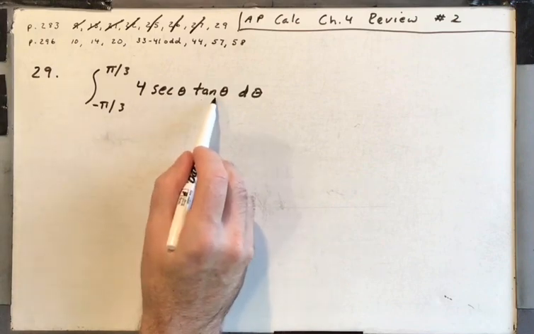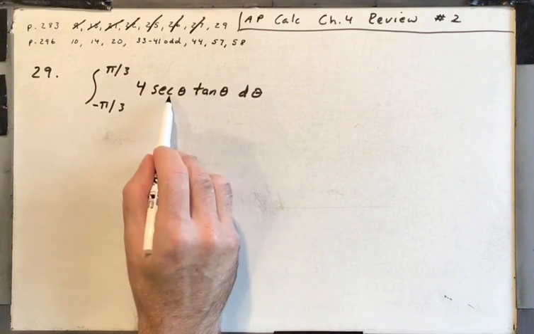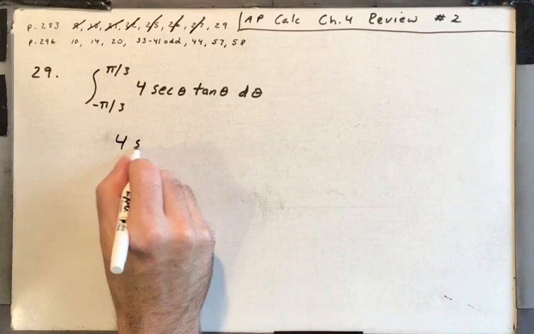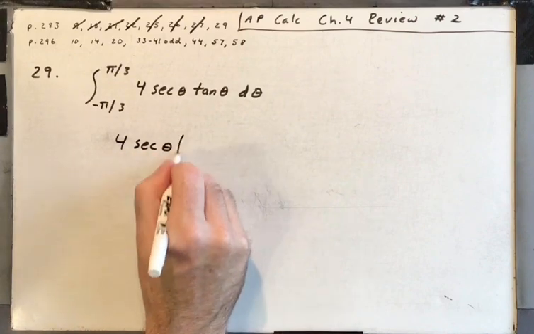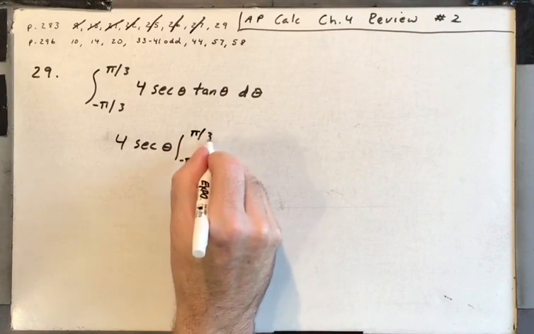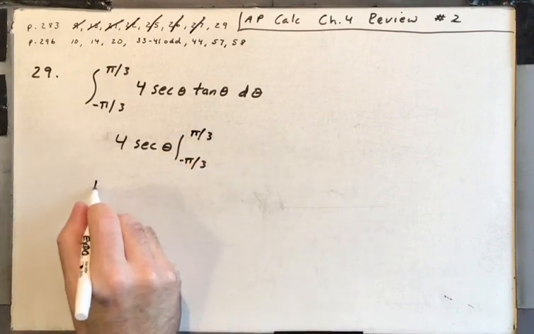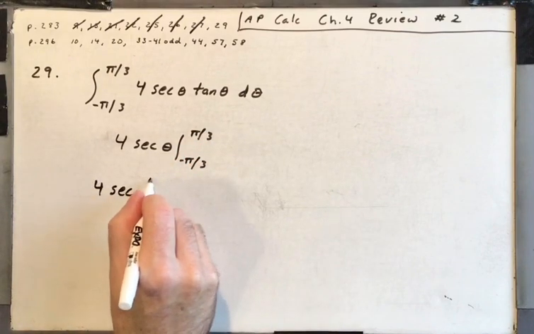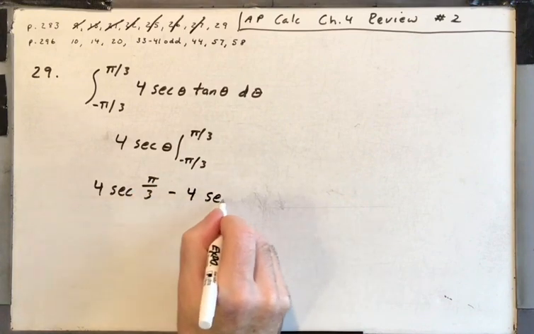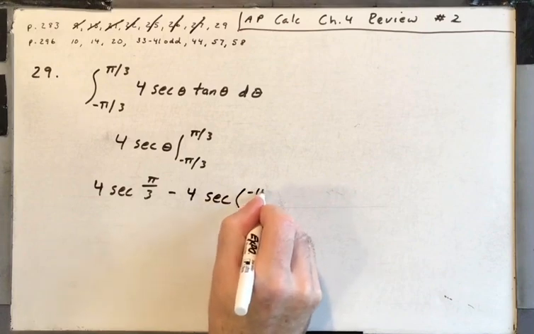It's just secant. The derivative of secant is secant tangent. So this is going to be 4 secant theta from negative pi over 3 to pi over 3. All right, that's 4 secant pi over 3 minus 4 secant negative pi over 3.